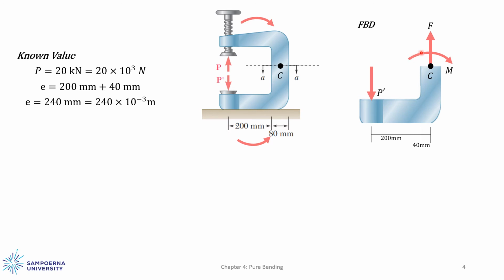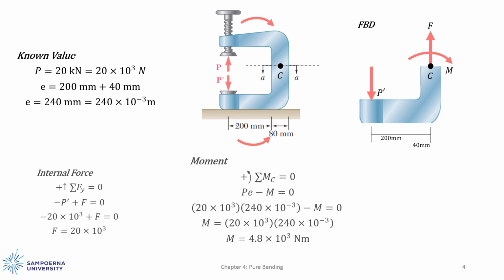We call it M. Then we can calculate F and M using sum of Fy equal to 0 and sum of moments at C equal to 0. From here, we also know c, which is the distance from the neutral axis, which in this case is located at the centroid, to the outer surface. From the picture, the distance is 40 millimeter.